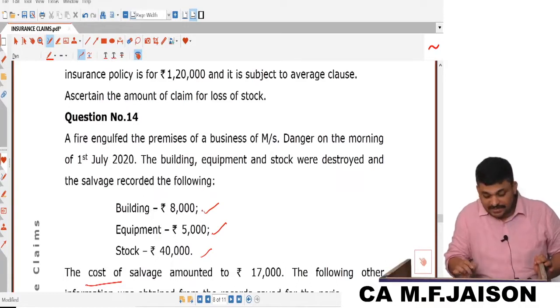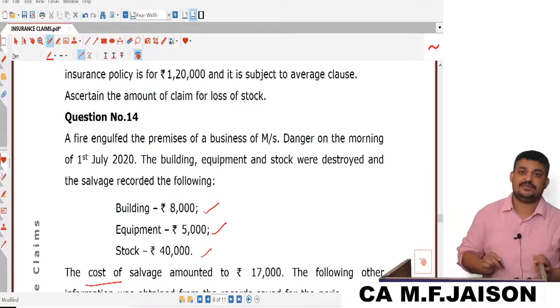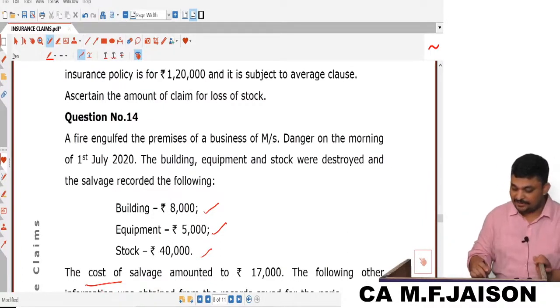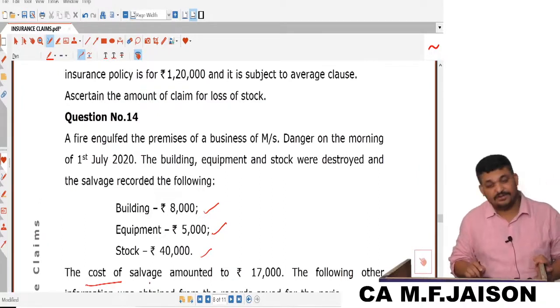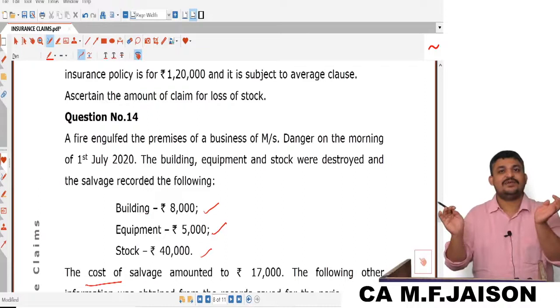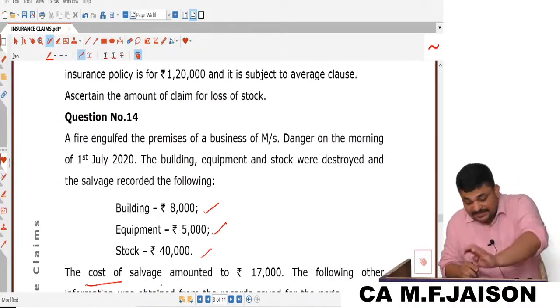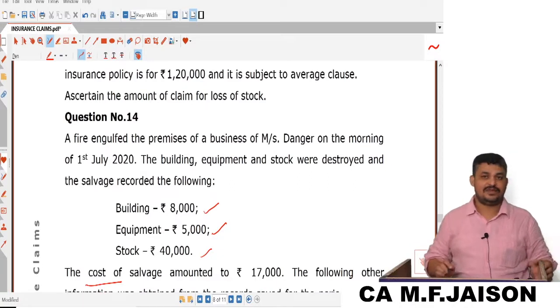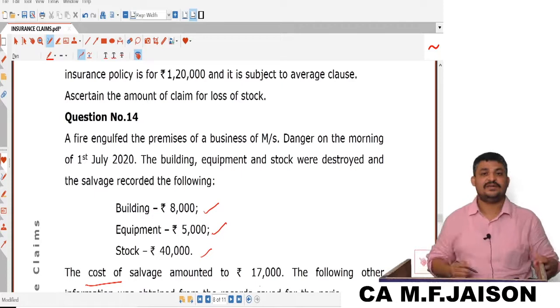For saving this, you incurred some cost. It is nothing but firefighting expenses. So let's be very clear. It is not cost of building. It is cost of salvage. Salvage means, the general word is, saved. So the expenditure incurred for savings is 17,000. So you incurred some firefighting expenses to the extent of 17,000.